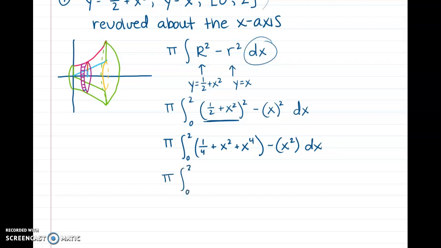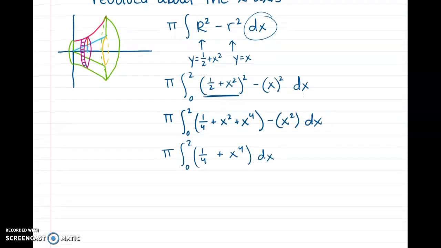So pi times the integral from 0 to 2 of 1/4 plus x to the 4th dx. Not so bad in the end. Keeping the pi out, the integral of 1/4 is 1/4 x, and the integral of x to the 4th is x to the 5th over 5. We'll evaluate from 0 to 2.